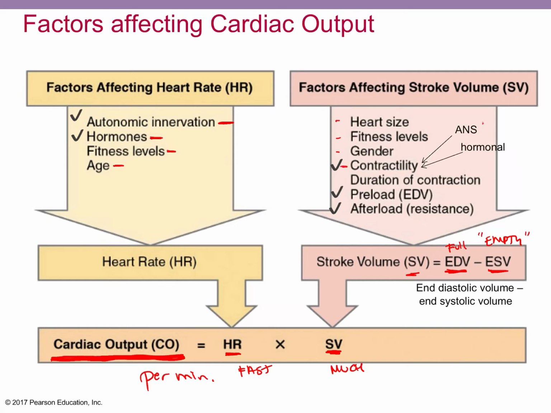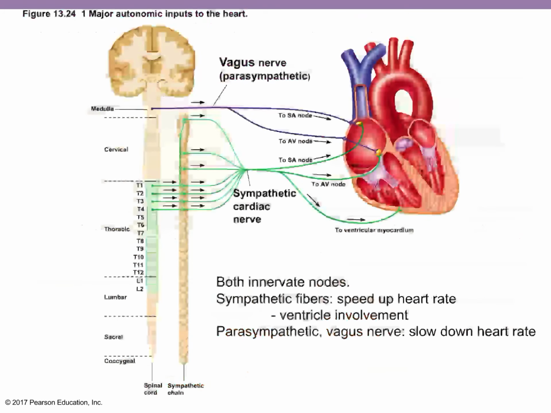And that's controlled by both the autonomic nervous system and also hormones. So the force of contraction. We're not going to look at duration of contraction, but that is a factor. And then there's the preload, which is end diastolic volume. So this is also called preload. And then also something called afterload.